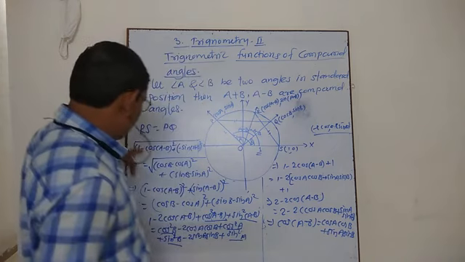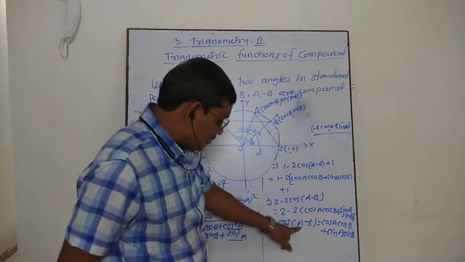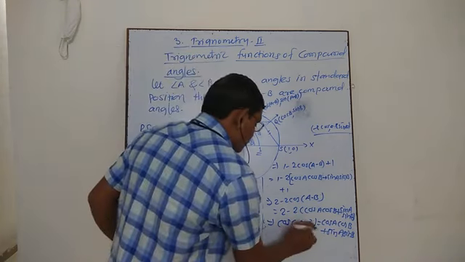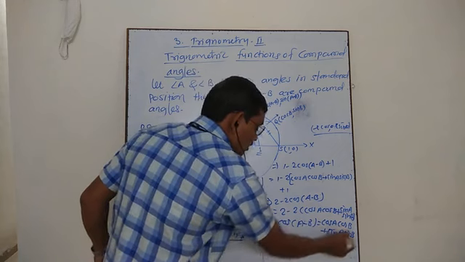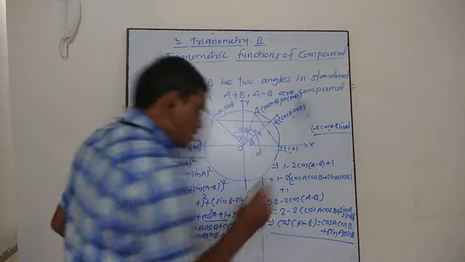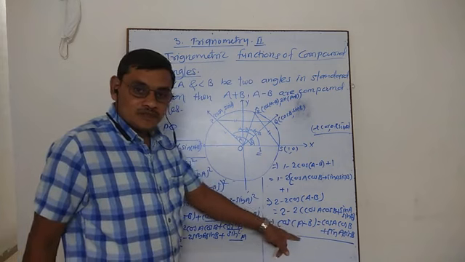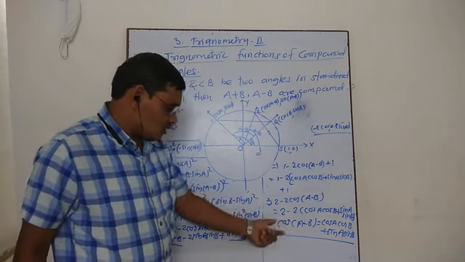So this is the compound angle formula of the cosine function, cos a minus b.